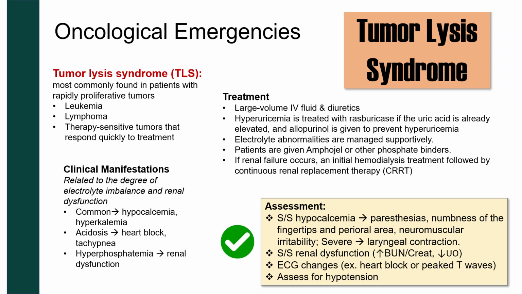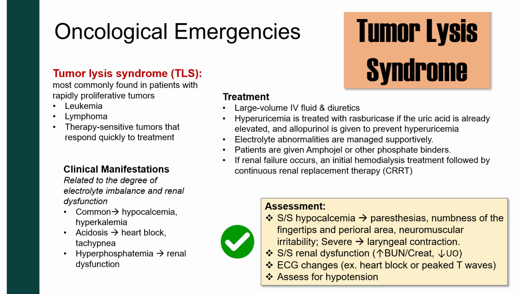So your assessment, we are going to be looking out for those most common imbalances that we expect from tumor lysis syndrome, which is the low calcium, high potassium, and high phosphorus. So with hypocalcemia, we can see paresthesias, which is like the numbing and tingling, neuromuscular irritability, signs and symptoms of renal dysfunction.